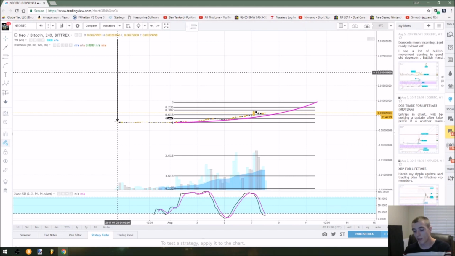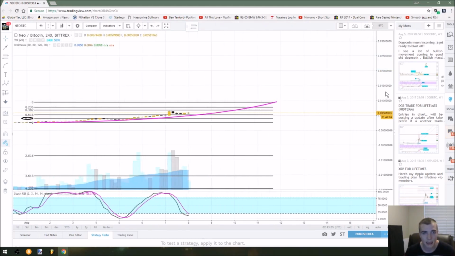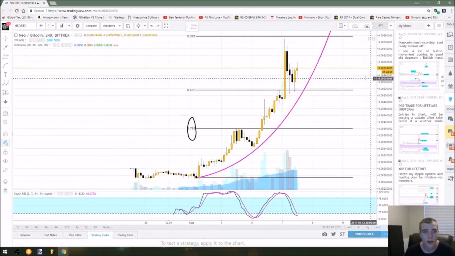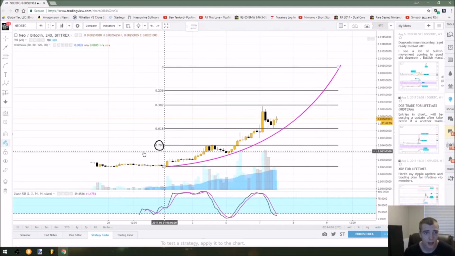So one tip that I have, if you do find a coin where that's the case, go ahead and zoom in past that dump and let it scale so that you can see this entire move a little bit more clearly to perform your technical analysis on it.